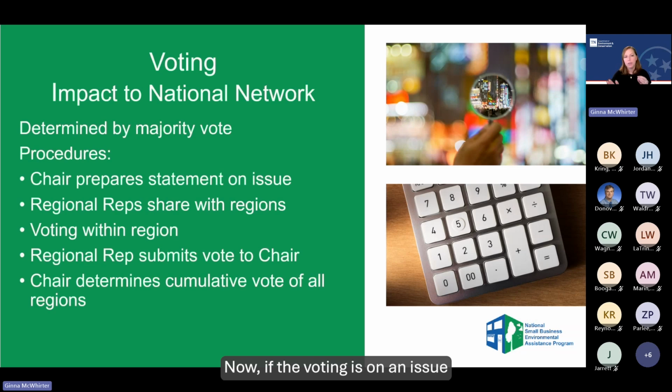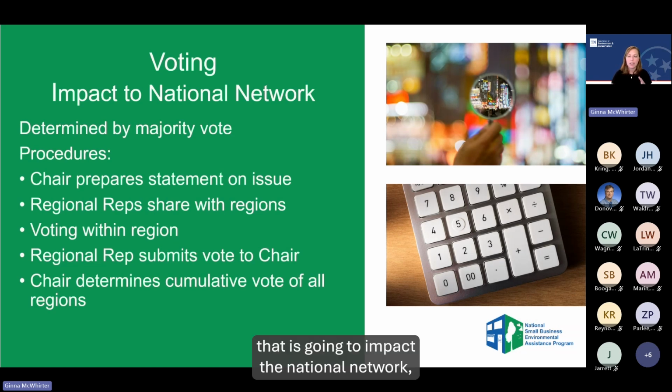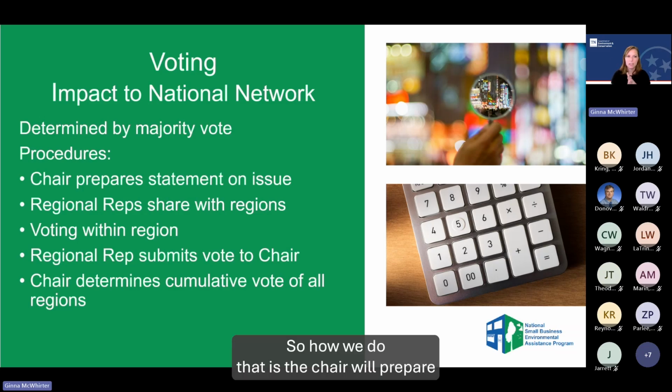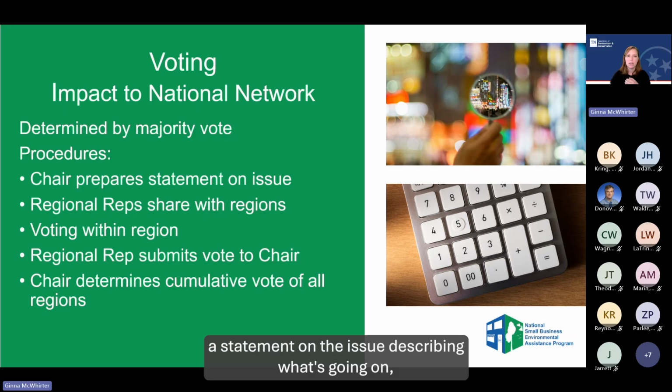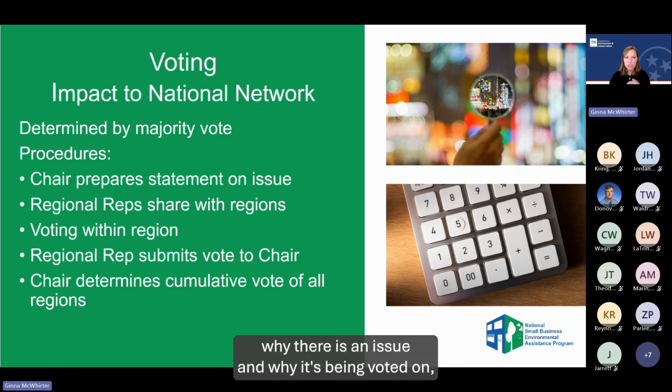Now, if the voting is on an issue that is going to impact the national network, it needs to be determined by majority vote by all of the programs. So how we do that is the chair will prepare a statement on the issue describing what's going on, why there's an issue, and why it's being voted on.